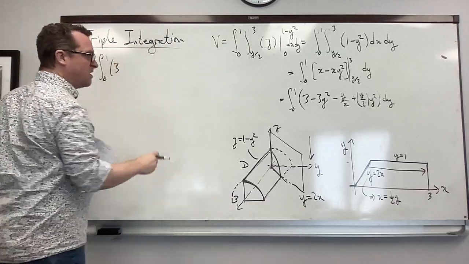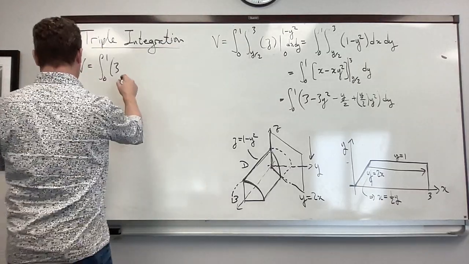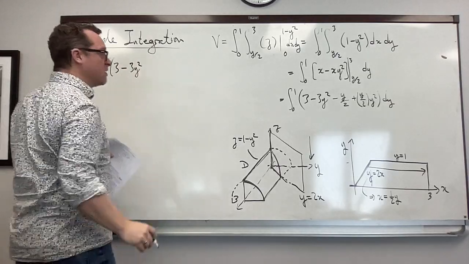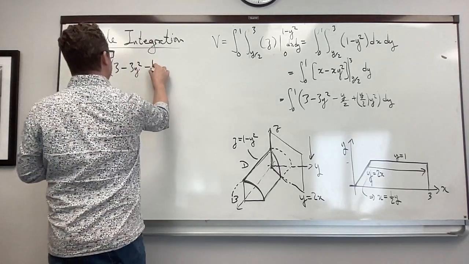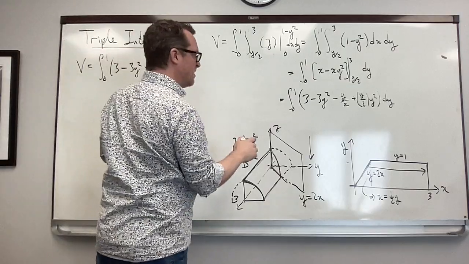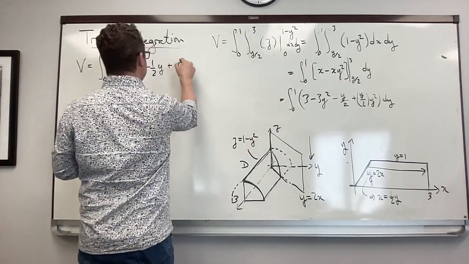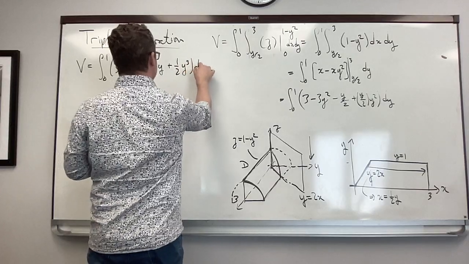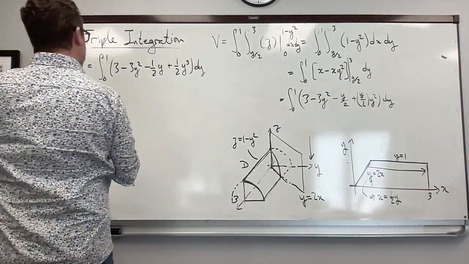the integral from 0 to 1 of 3 minus 3y squared minus 1/2 y plus 1/2 y cubed, dy.